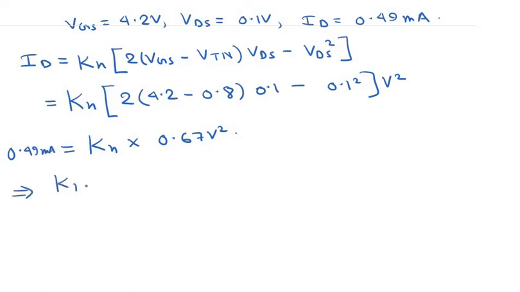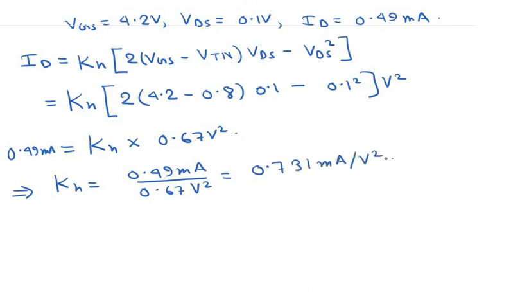So Kn is equal to 0.49 milliamperes divided by 0.67, whole square, which gives me 0.731 milliamperes per volt square. Now capital Kn is equal to small kn, the process conduction parameter, times W by 2L.